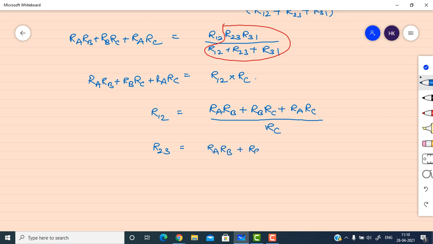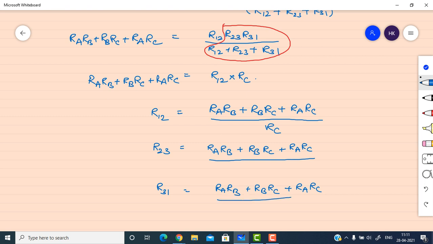In delta to star conversion, the denominator is the same for all the three. Here in star to delta conversion, the numerator is the same for all three things. Have you got the equation for R23? By RA. Yes.